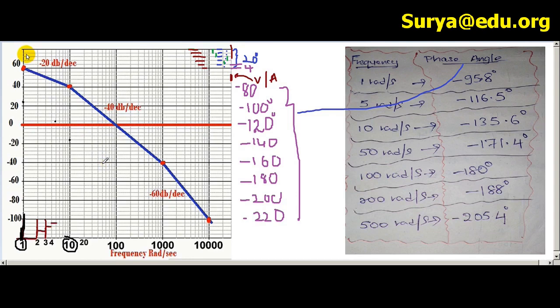So then this line is 160, 164, 168, 172. It doesn't matter, you can approximately mark here, right? Because 10, 20, 30, 40, 50. So this is the 50 radians per second line, and this horizontal line stands for 160, 164, 168 and 172. But actually the required value is 171.4.